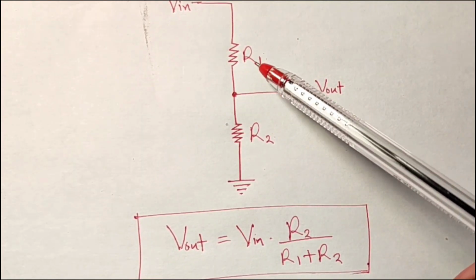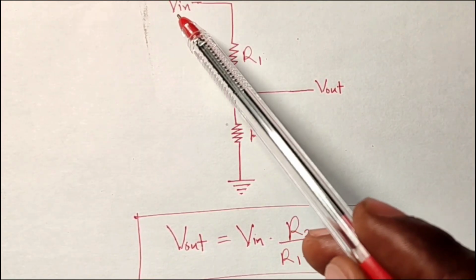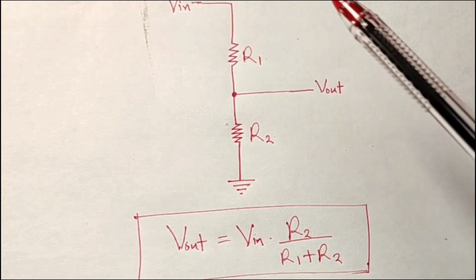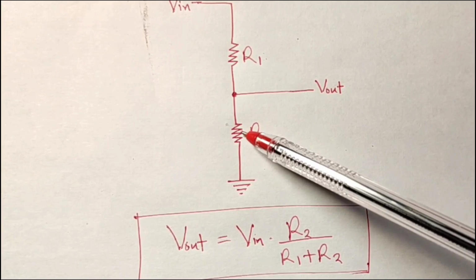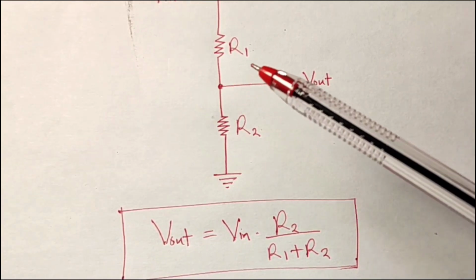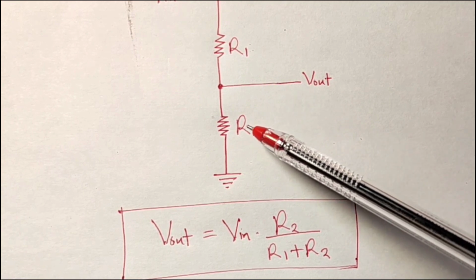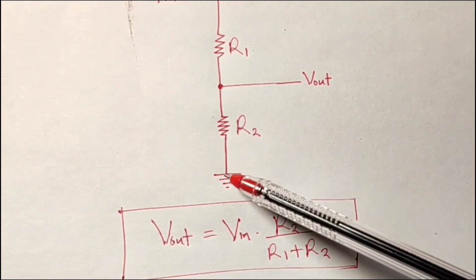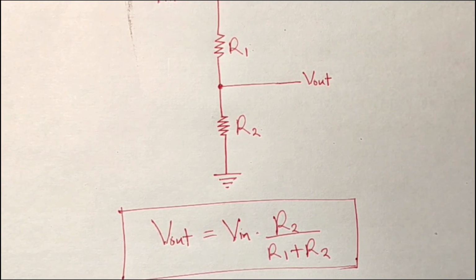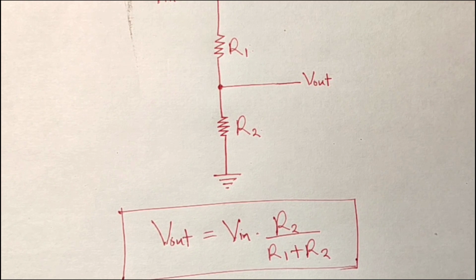Always remember that R1 is the resistor connected to the V in, that's the voltage in, and R2 is the resistor connected to the ground. And also, you should remember that the voltage across R2 is what you get as V out. Alright, that being said, let's go back to check our condition.